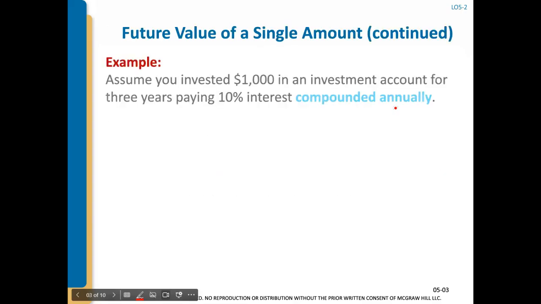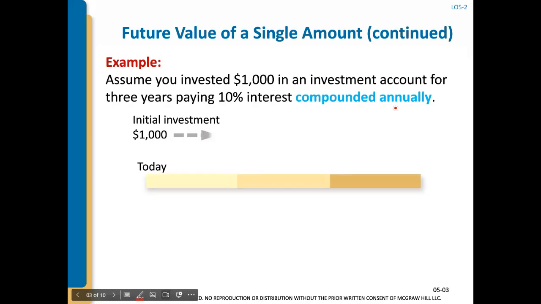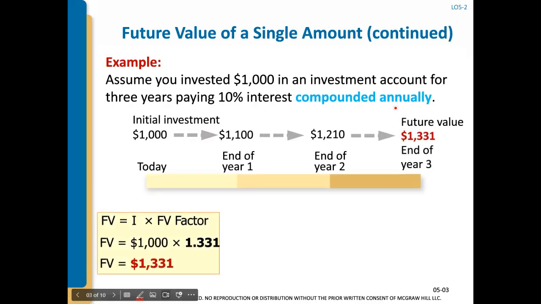So let's go, in the last video, we looked at simple versus compounding interest. And if you recall, compounding interest is when we earn interest, or pay, depending on what you have. But usually it's when we earn interest on the initial investment plus the interest to date. So if we invested $1,000 today, at the end of year one, assuming a 3-year investment at 10%, we would have $1,100.